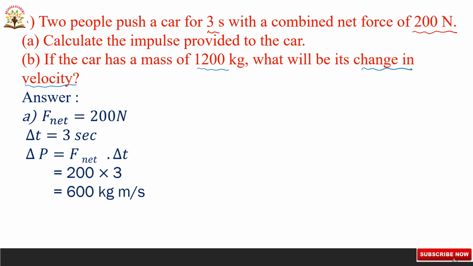So 200 × 3 is 600 kilogram meters per second. Change in momentum, here we are taking as impulse. Therefore impulse is equal to 600 kilogram meters per second, or we can write it as 600 newton second.